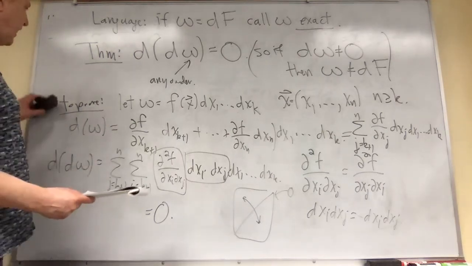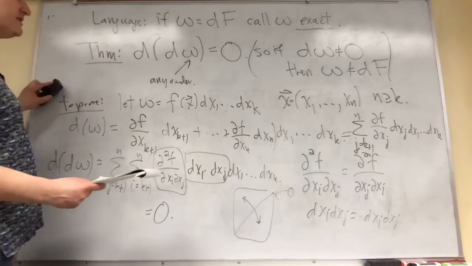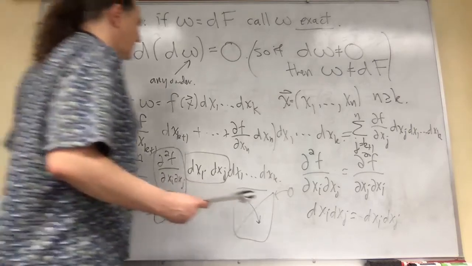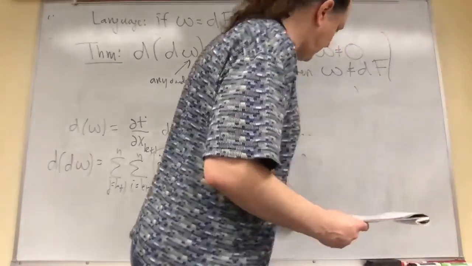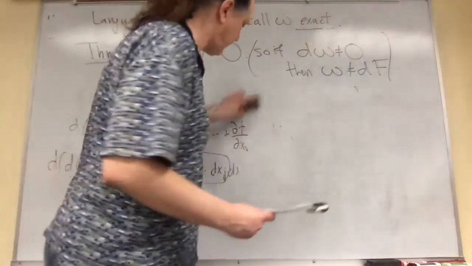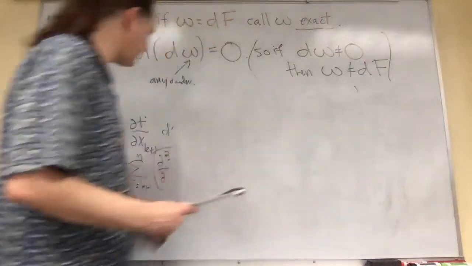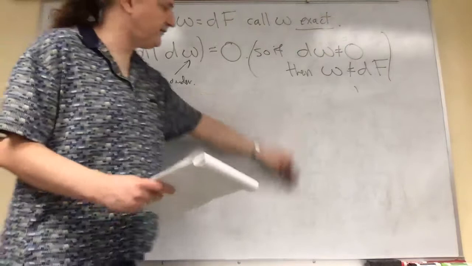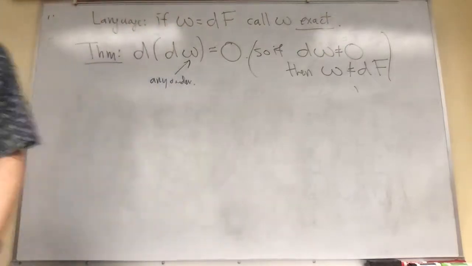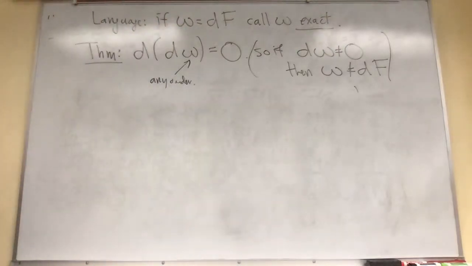This gives us some other new language. I'm going to take this away because now we know that this result is true. So the second derivative of any differential form whatsoever is 0. That's interesting.